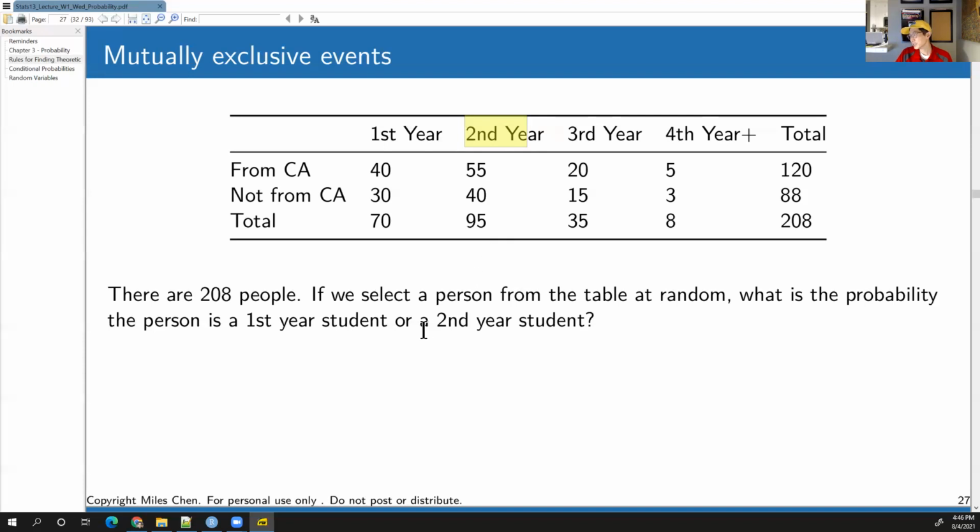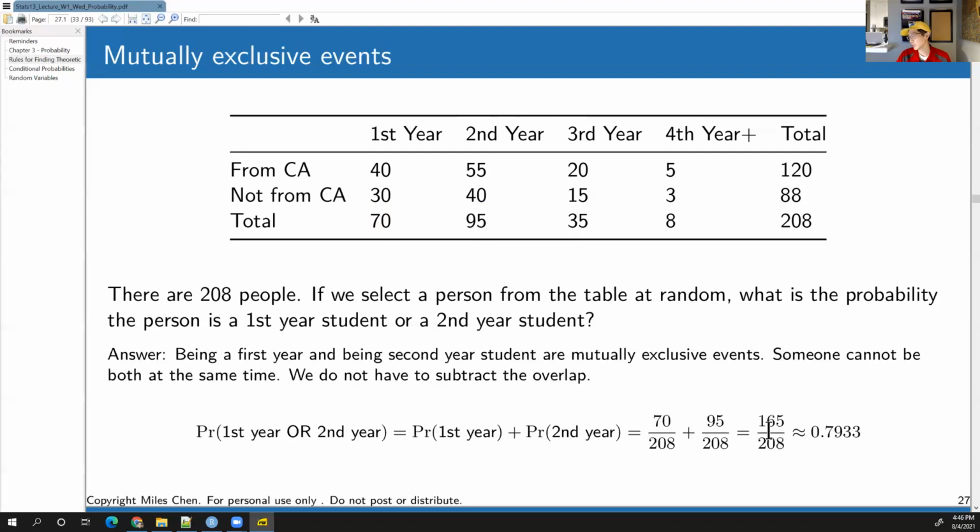And so therefore, when we say, what is the probability that a student is a first year student or a second year student? It's first year or second year or both, but there is no both. No student is both a first year and a second year simultaneously. So all we have to do is add the 70 out of 208 and the 95 out of 208. There's no overlap to subtract, and therefore we just get 165 out of 208.